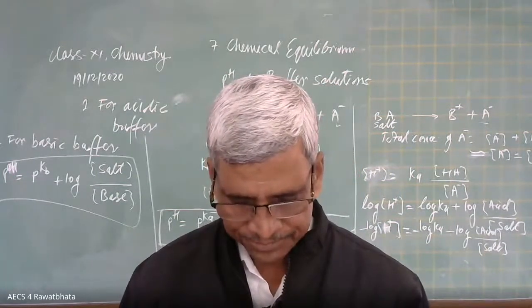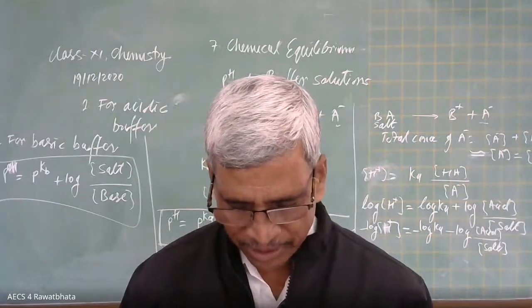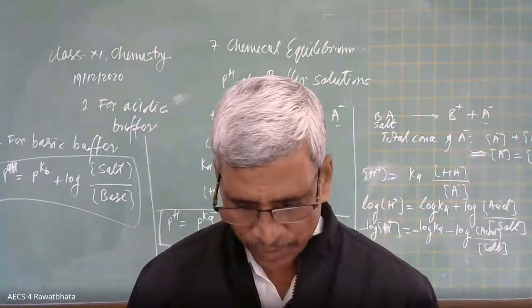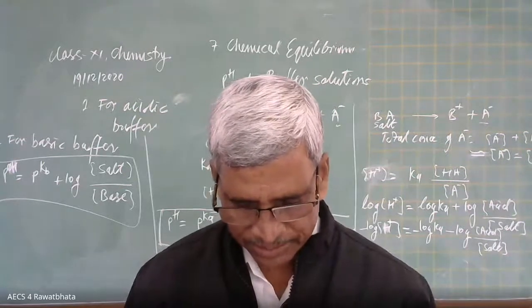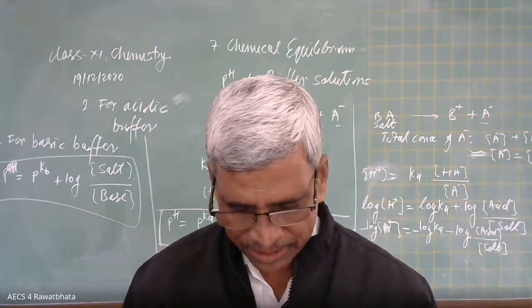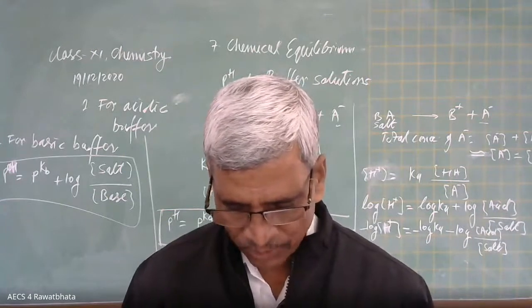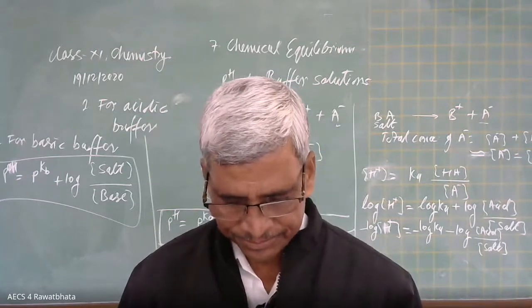Question number 10. Give the conditions at which a chemical equilibrium can exist in an open vessel. Illustrate your answer with a suitable example. Yes, beta, an example.